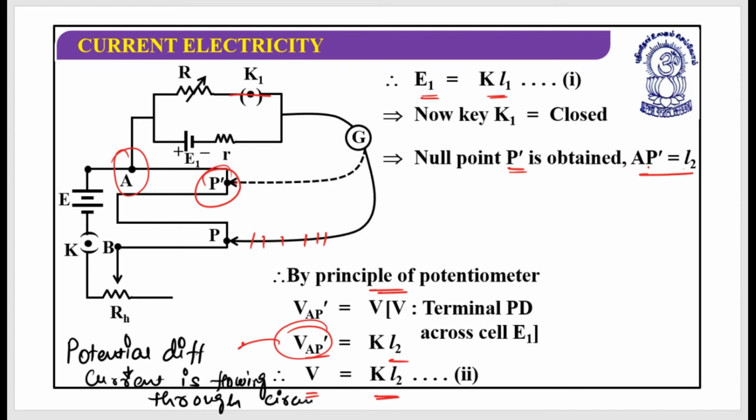Now if you remember the basics, when we were discussing the potential difference and the EMF, at that point of time we said that it is EMF if current is 0, and it is a potential difference if current is not equal to 0. As I have closed the switch, current must be flowing through this, and if current is flowing through this, it could not be an EMF, it must be the potential difference. Is it clear? Yes? Great.